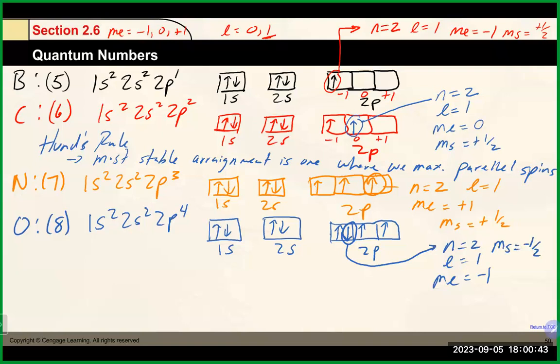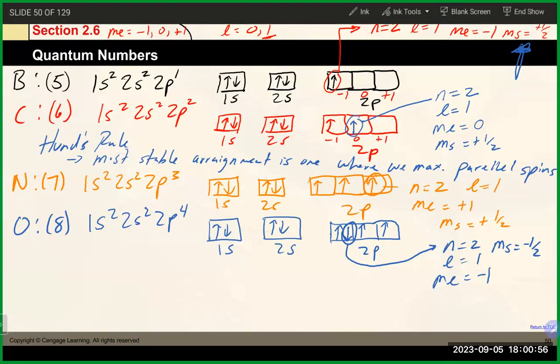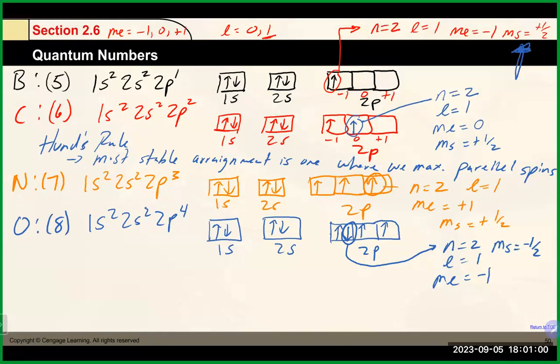That is what's going to make it different than our electron up here, which had +1/2. Any questions on that one? All right, so that brings us to fluorine next, which is 9: 1s2, 2s2, 2p5.